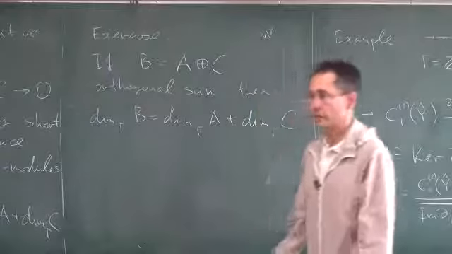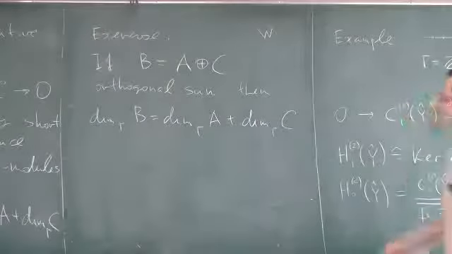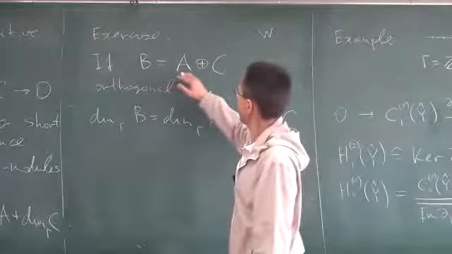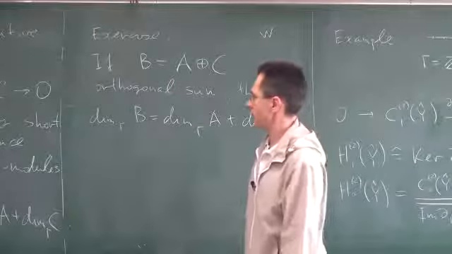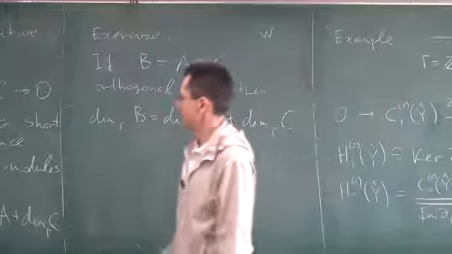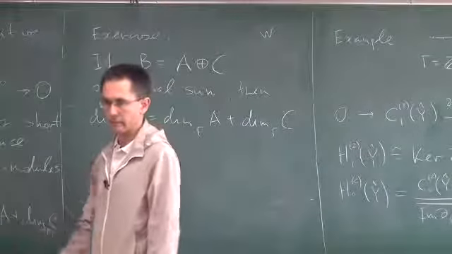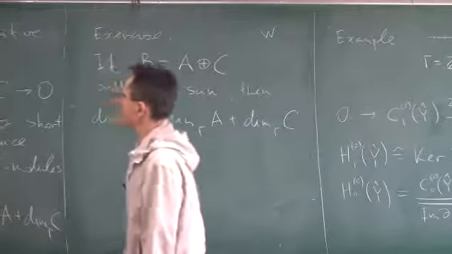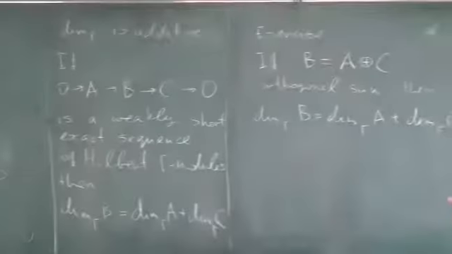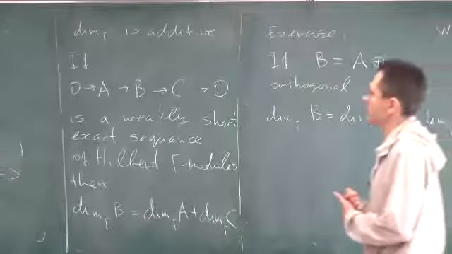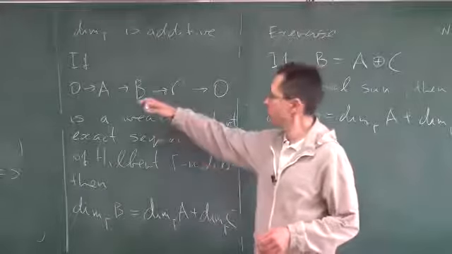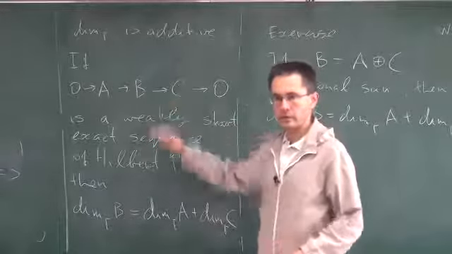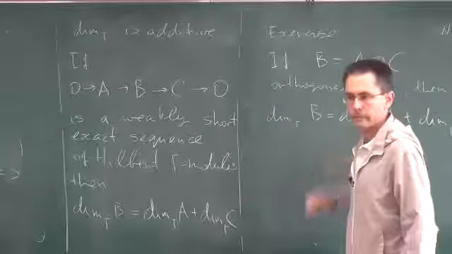So if it happens to be an orthogonal sum, that follows pretty much immediately from the definitions. And this is a more general statement. There is a theorem in analysis, the polar decomposition theorem. You use polar decomposition to reduce this general statement to this example.